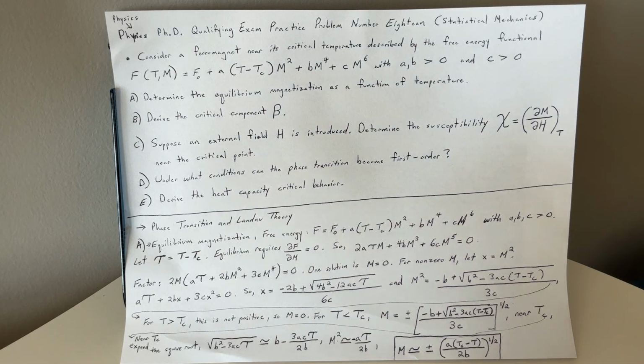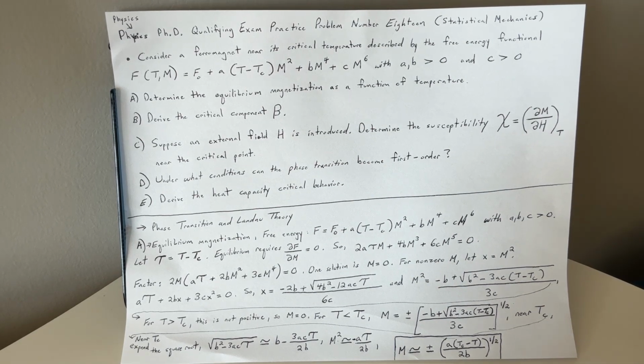For non-zero M, we're going to let X equal M squared. So we're going to have A tau plus 2BX plus 3CX squared equals 0. So we're going to get X equals negative B plus square root of 4B squared minus 12AC tau, over 6C, and M squared equals negative B plus square root of B squared minus 3AC times the quantity T minus T sub C, over 3C.